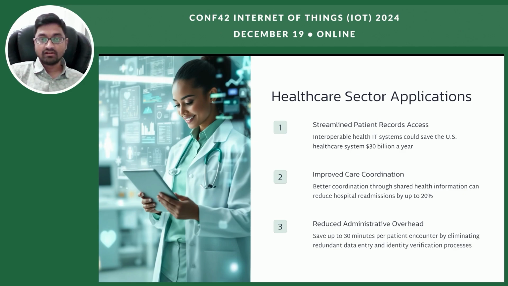Especially when a patient visits multiple different facilities or healthcare providers, they can coordinate better through shared health information, which can reduce hospital readmissions by 20% by reusing existing intakes and verified user information.